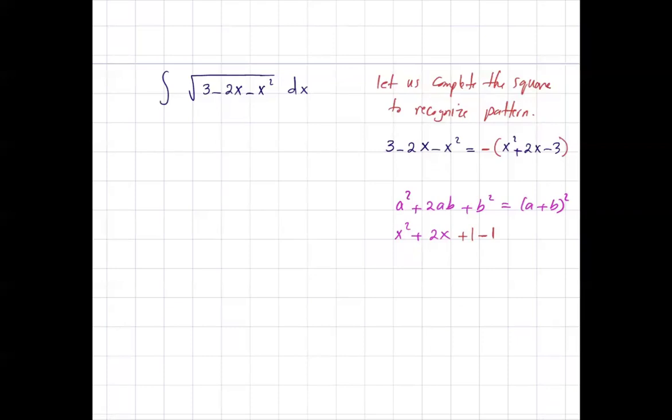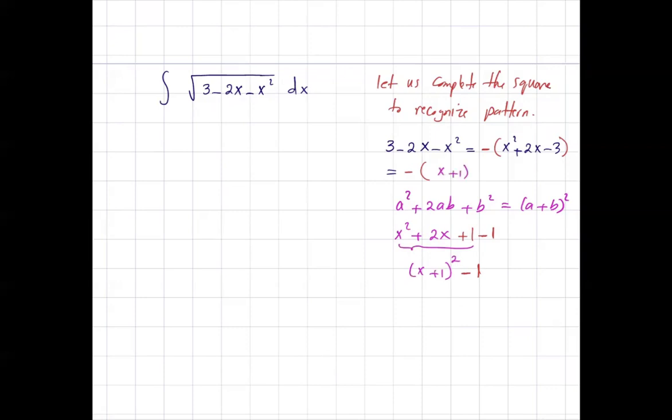So now I'm taking these 3 terms and I write them as x plus 1 to the second power, and I have to add negative 1 down here. So go back to your 3 minus 2x minus x squared, which in turn is minus parenthesis. So far you have x plus 1 to the second power.